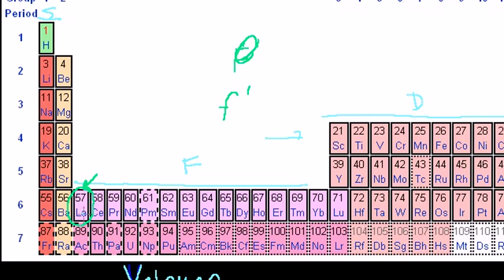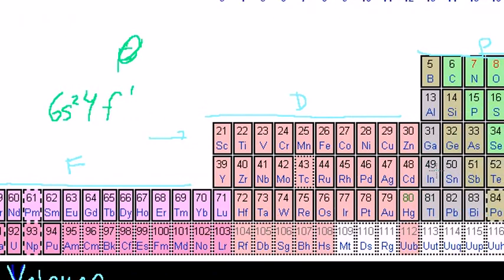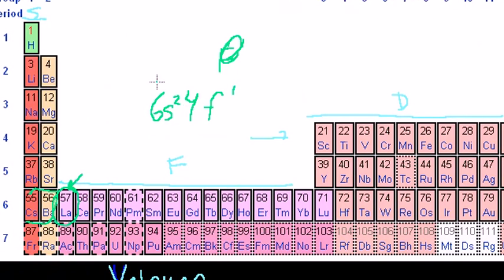And this is the 6th period, but with the F block you subtract 2. So you subtract 2 from it. So it'll be 4f1 and then 6s2, right? The S block, you just look at the period, 6s2. And then if you were to keep going back, you would then go to 5p6.